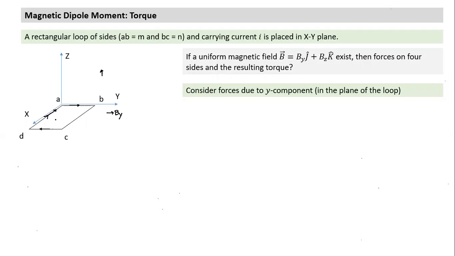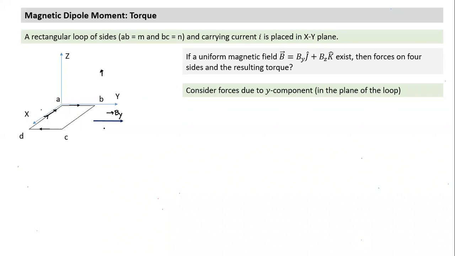Those who are not comfortable with it can find the direction by taking a unit vector in the direction of the L vector. The L vector here is going along the negative x-axis, so it is equal to minus i cap, and the B direction is j cap. So that way also I can find the direction of force on side AD. Whatever direction of force acts on side AD, BC will have equal and opposite force. That's why the net force will be 0.